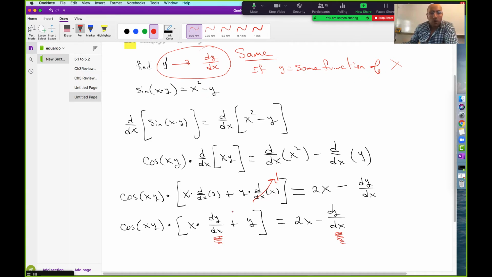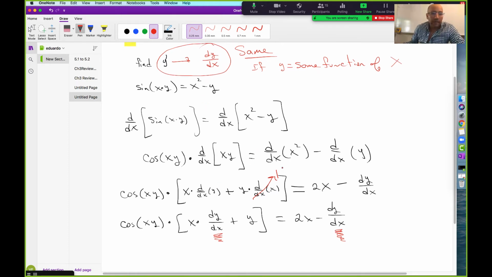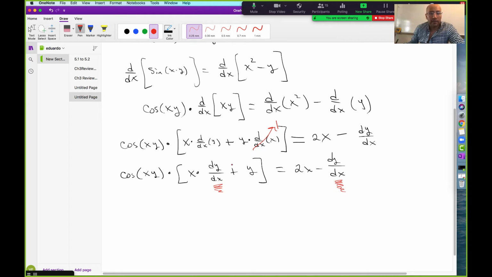Good. Okay. And then, you know what? When I finish with this, we'll do it in the other notation because it might look a little prettier in the other notation style. Okay, so we want to solve for this guy. So I'm going to distribute this cosine. This applies there. This applies there. And then I'm going to move all the terms that have the derivative of interest, dy dx, on one side.